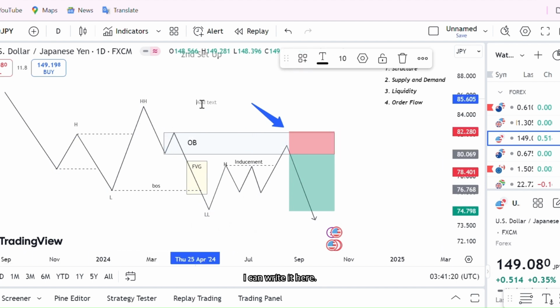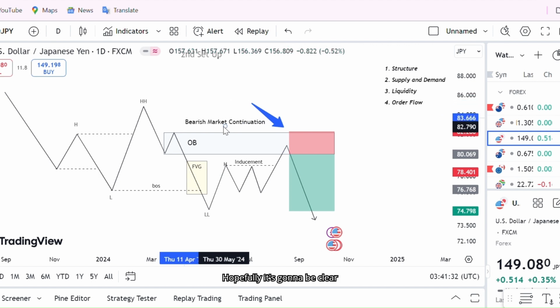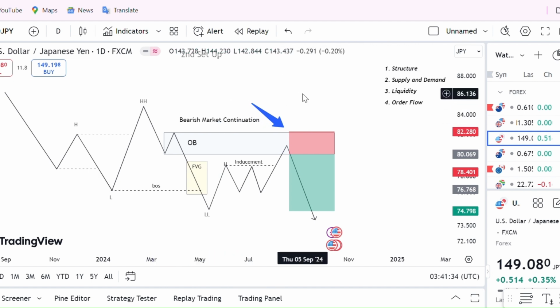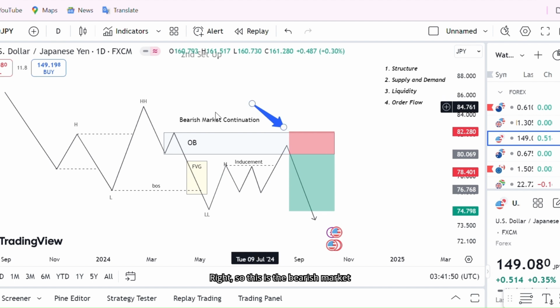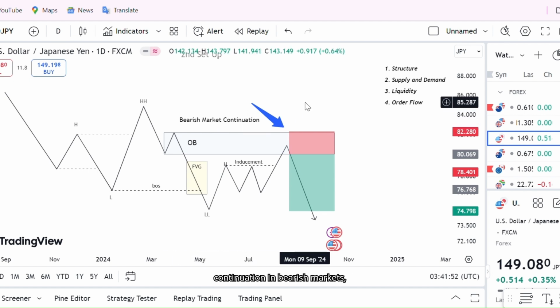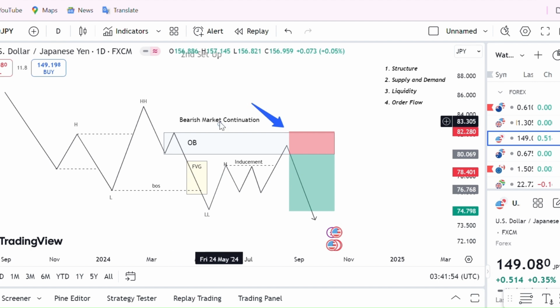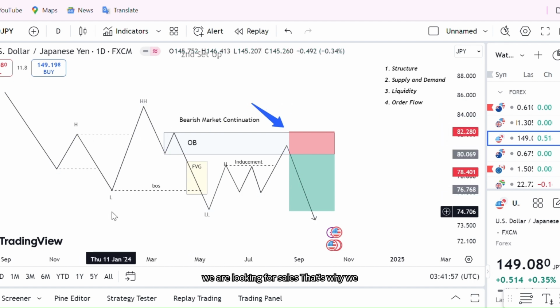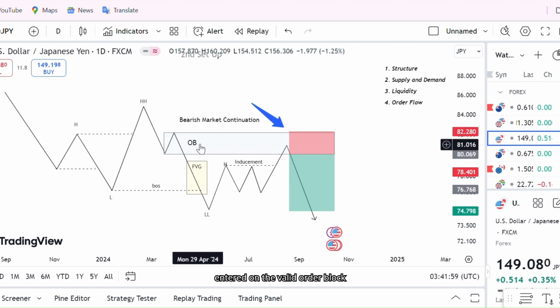I hope I can write it here. Hopefully it's going to be clear, right? So this is the bearish market continuation. In bearish markets, we are looking for sales. That's why we entered on the valid order block, right?